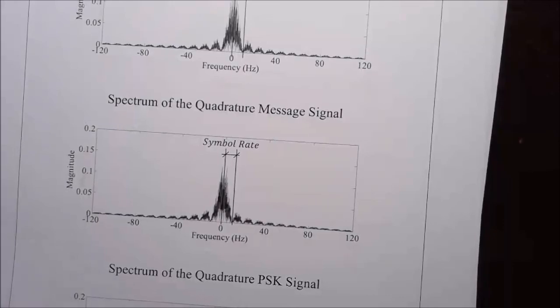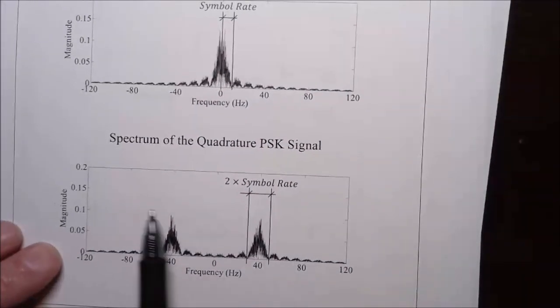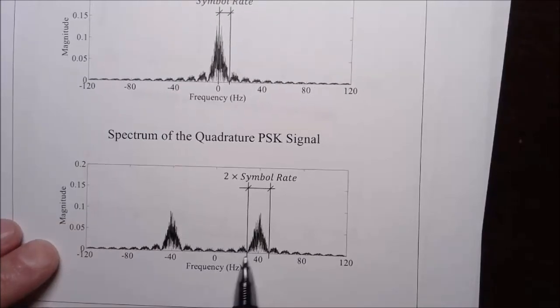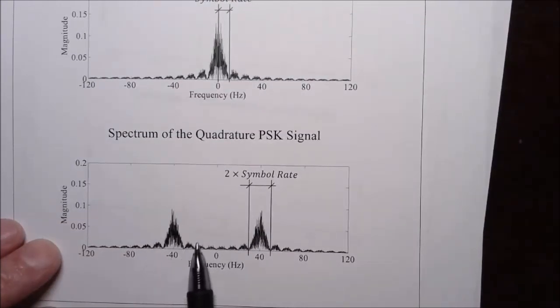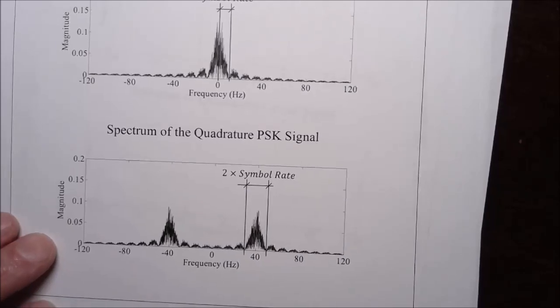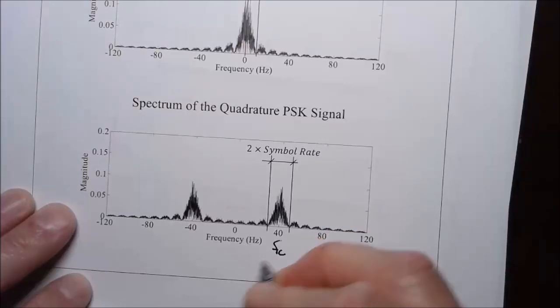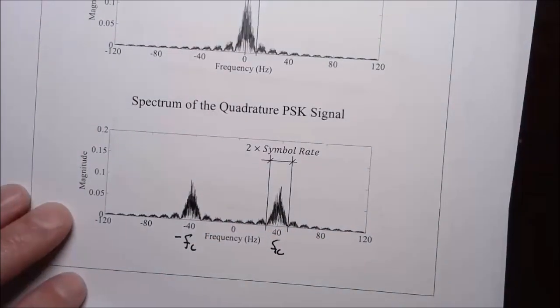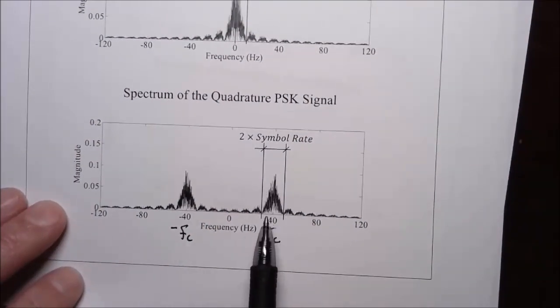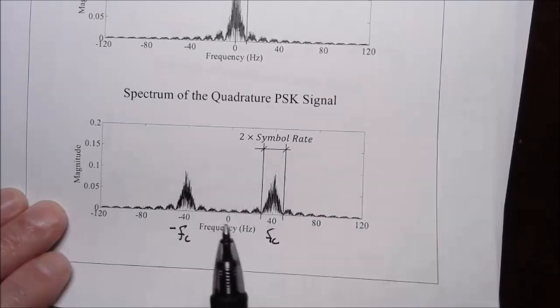This is just plotting the magnitude, and then the two spectrums will be added together, and this is what we find. That's not surprising. These are sinc squared shapes that are added together, centered at plus and minus the carrier frequency, and the overall bandwidth is twice the symbol rate.